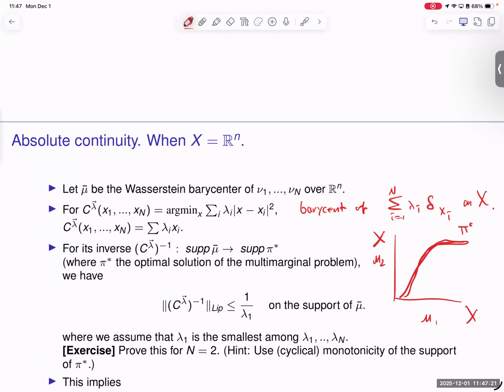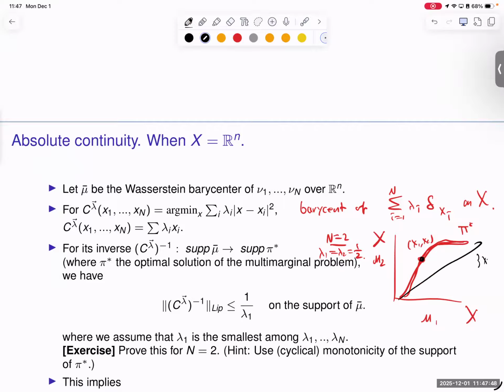And then what this mapping does, when n equals 2, given x_1, x_2, and lambda_1, lambda_2 both a half, is it sends this point to this diagonal.